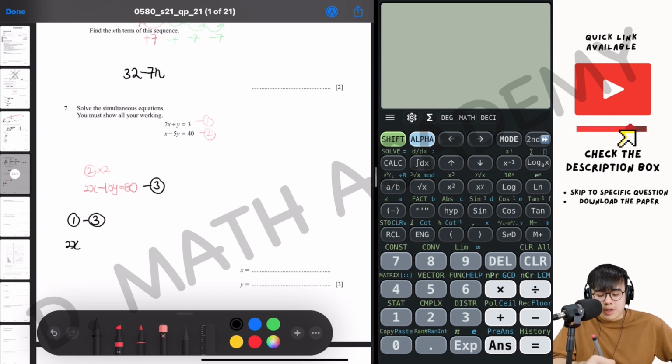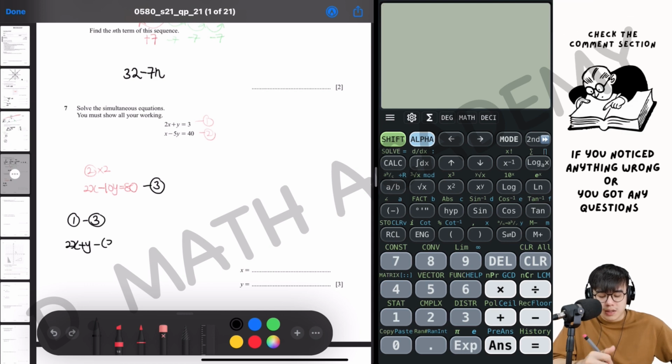So you can actually have (2x plus y) minus (2x minus 10y) equals 3 minus 80. The reason why I included brackets there is because I wanted to multiply the negative into both of the terms there.